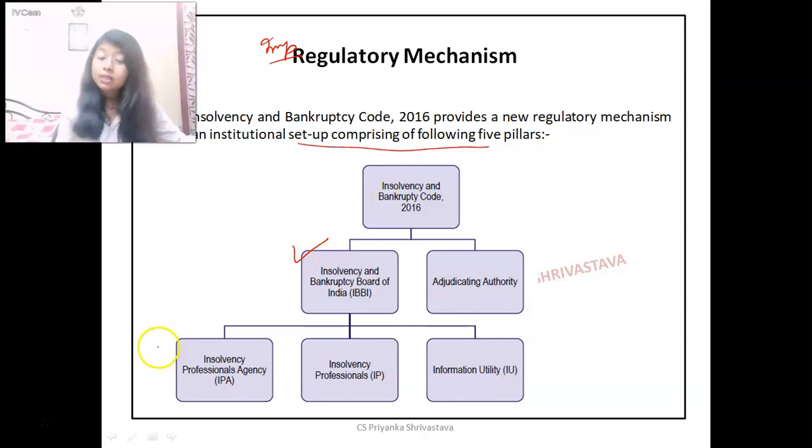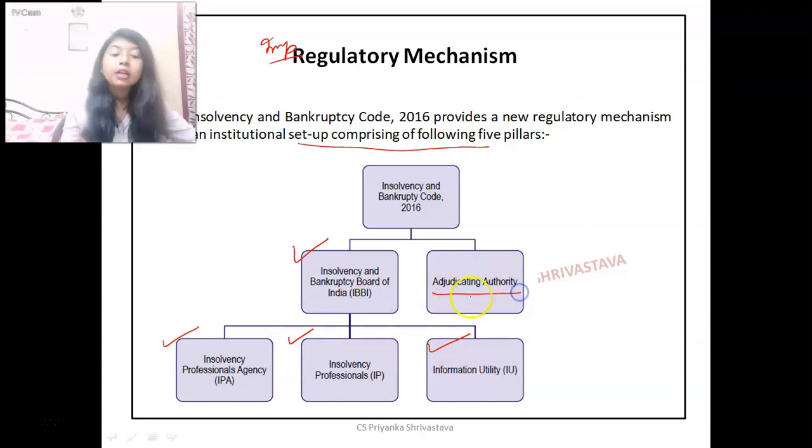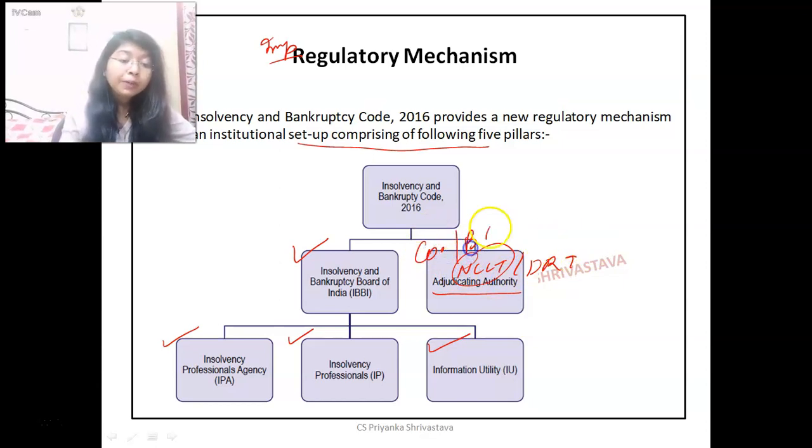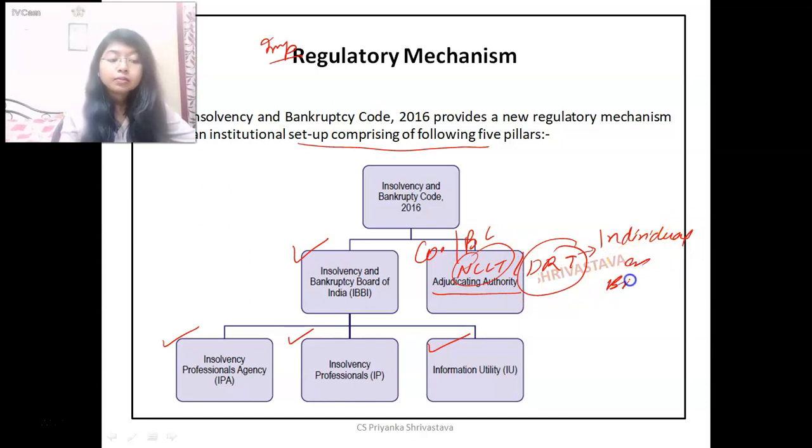Under this, we have seen there are 3 things which IBBI regulates: the Insolvency Professional Agency, the Insolvency Professional, and the last is the Information Utility. And this is the Adjudicating Authority, that is NCLT or DRT. NCLT in case of a company or body corporate, DRT in case of an individual or business.